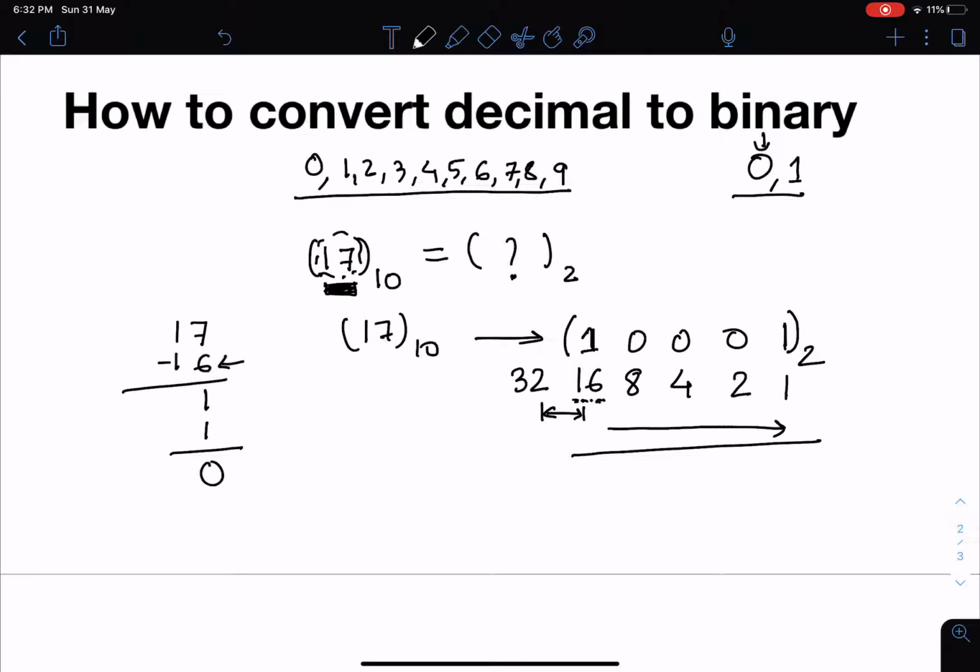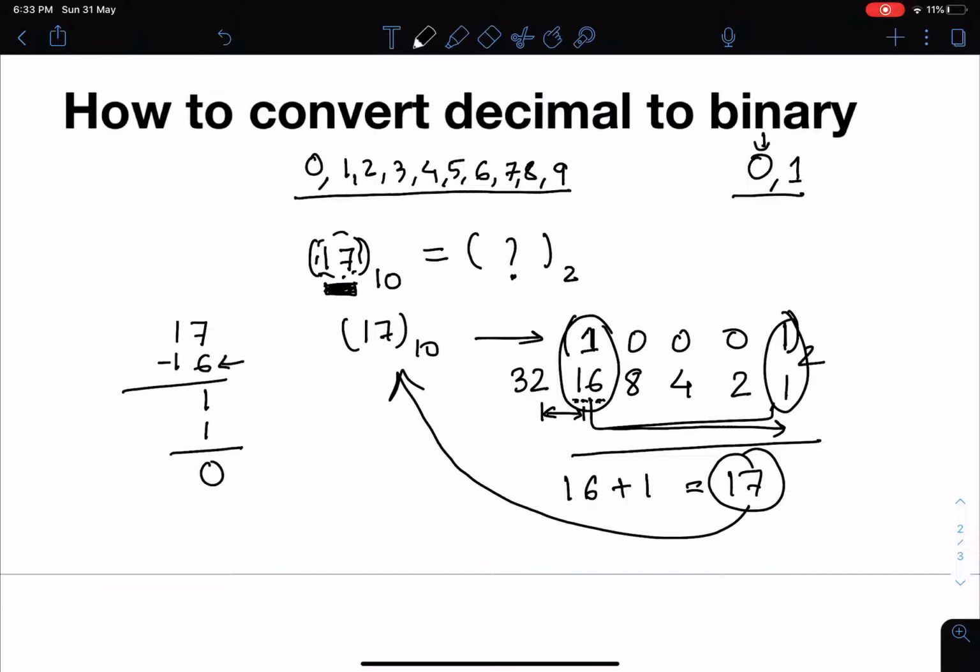We can check it also. The numbers with 1 on their head, here 16 and 1, if we add these two numbers, we'll get back 17. This way we can check.